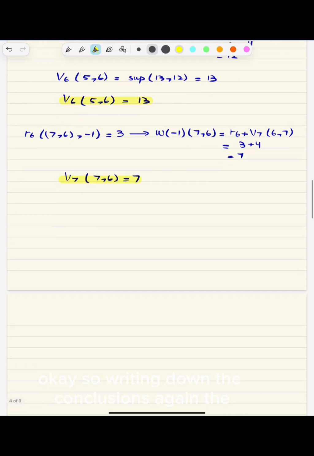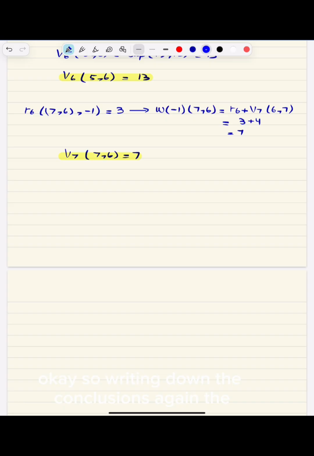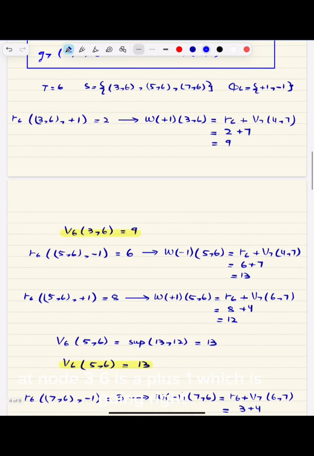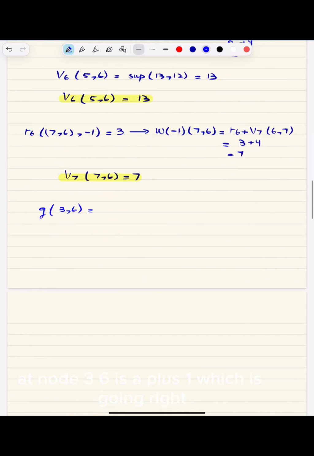Okay, so writing down the conclusions again. The optimal action at node 3 6 is a plus 1, which is going right, and this gives me the maximum reward, the maximum revenue, the maximum utility as being 9.